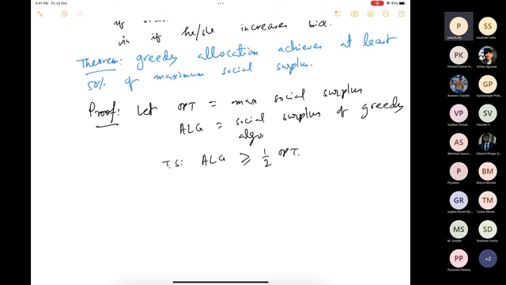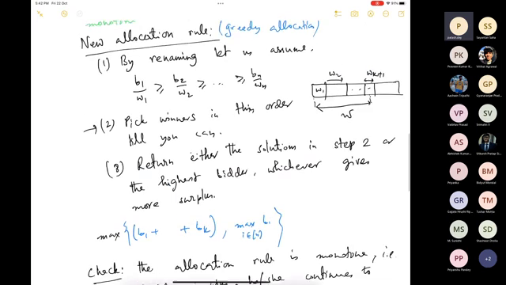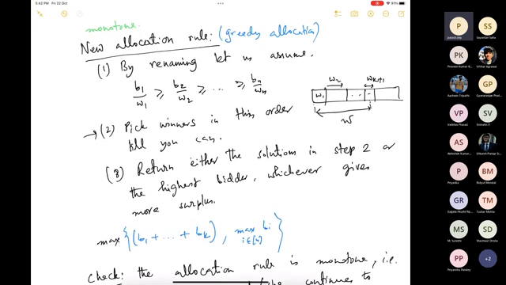Okay, so here is the thing. What is opt? You see, because we have sorted the bids in decreasing order of bi by wi, opt is at most the summation b1 to bk.